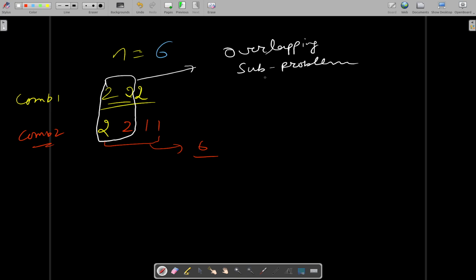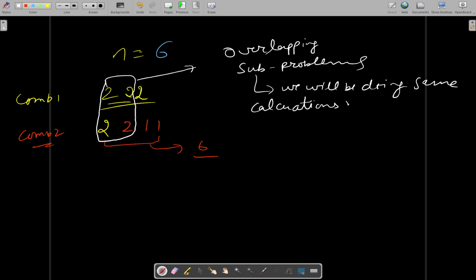And we will be doing calculations for them again and again, the same calculations more than once. So we are doing extra work.